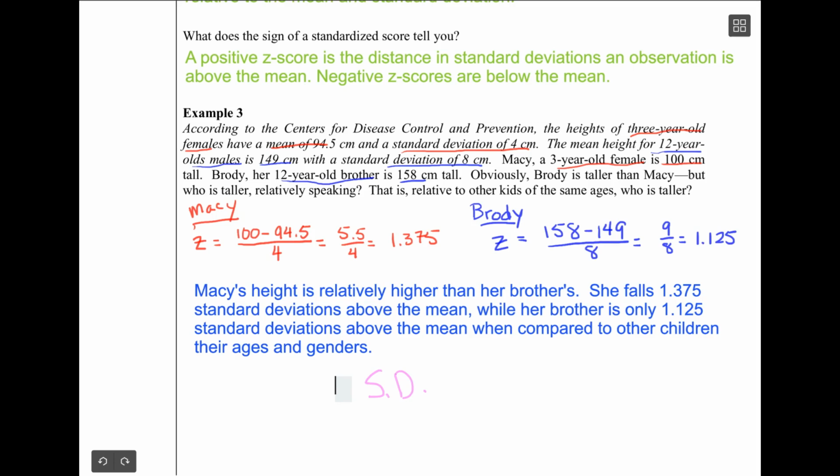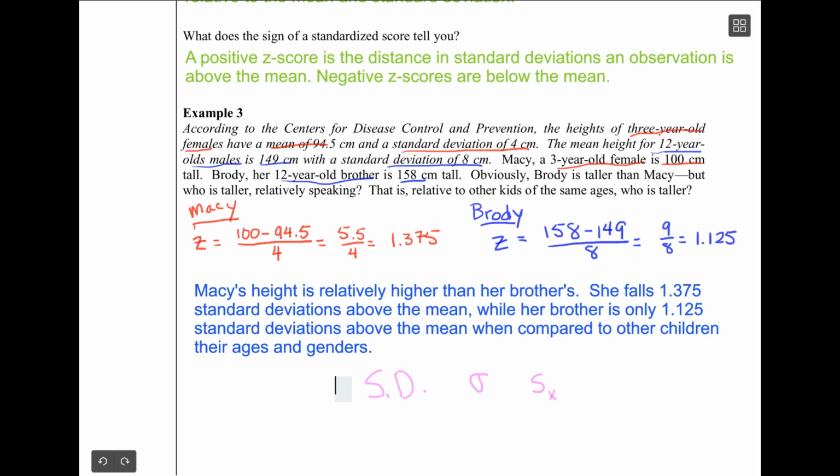There are also two symbols, but you need to be careful with them. The sigma means standard deviation, as does the S of X. When we get into it, we'll use the S a little bit more. The S comes from a sample. Sigma comes from a population. You'll need to know the difference. So right now you're safer just using SD.